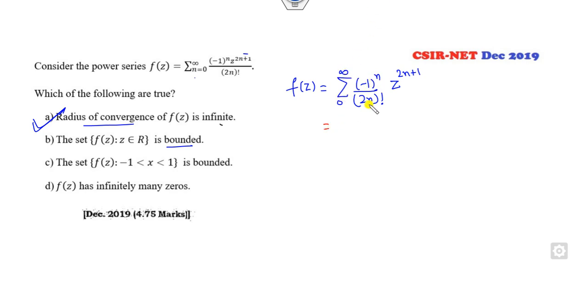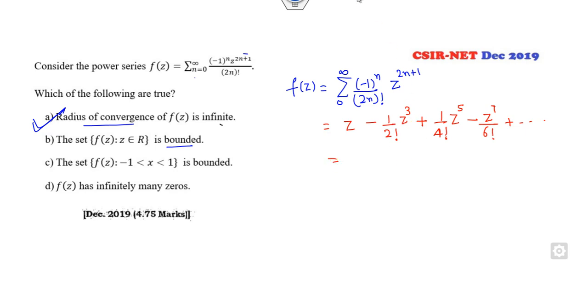When n is 0, it is z over 1 factorial, plus when n is 1, it is minus 1 over 2 factorial z raised to power 3, plus n equal to 2, it is plus 1 over 4 factorial z raised to power 5. Next one is 3, 5, 7 over 2, 4, 6, and so on.